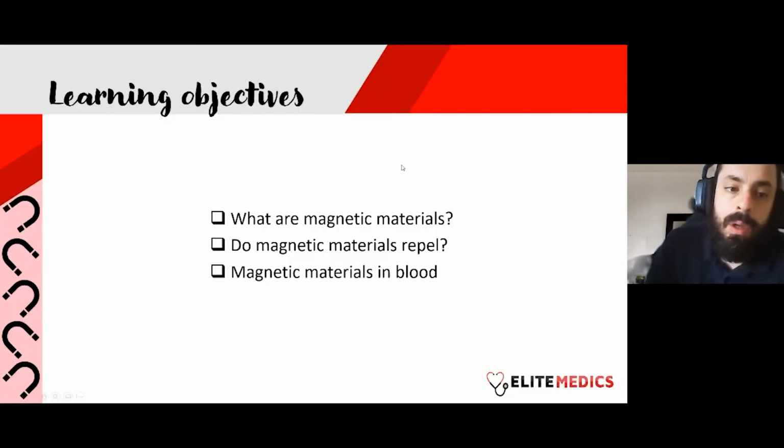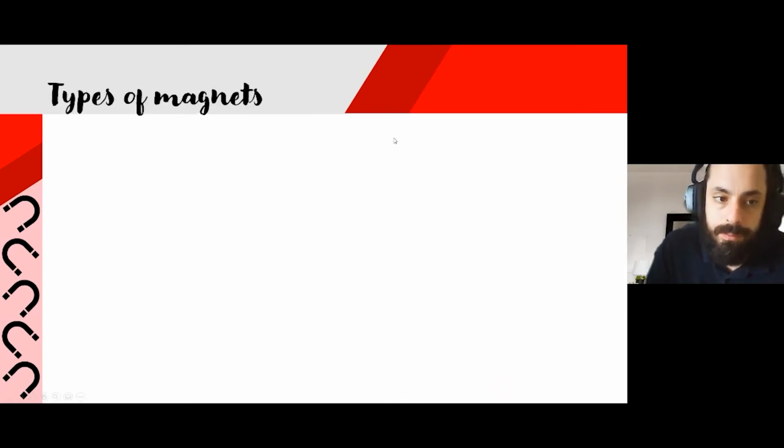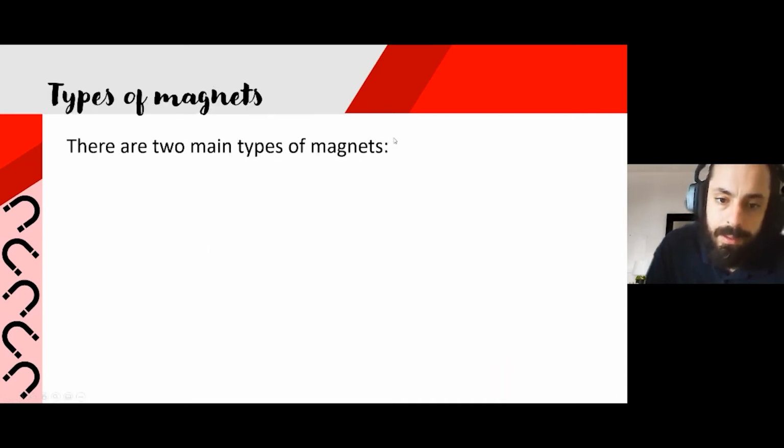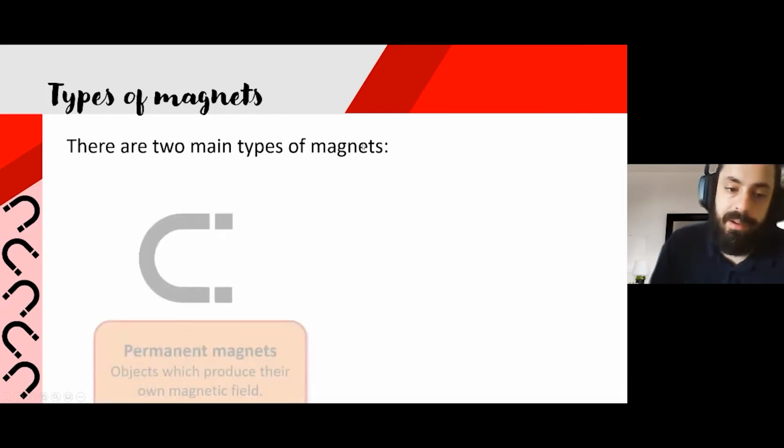Okay, so we've covered another 3 subtopics, 3 learning objectives, and those are: what are magnetic materials, do magnetic materials repel, and magnetic materials in blood. Okay, so there are 2 main types of magnets.